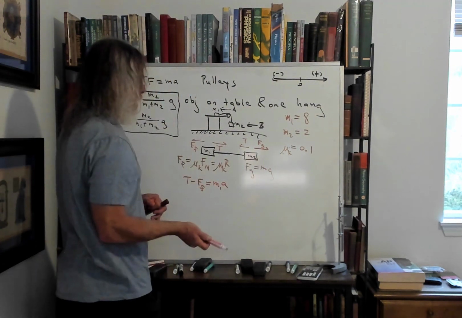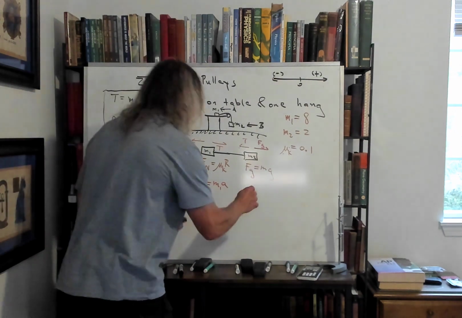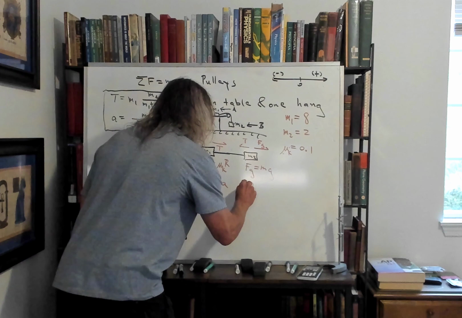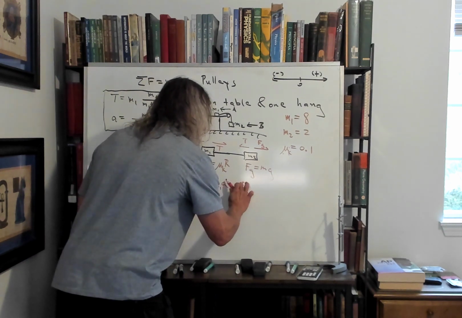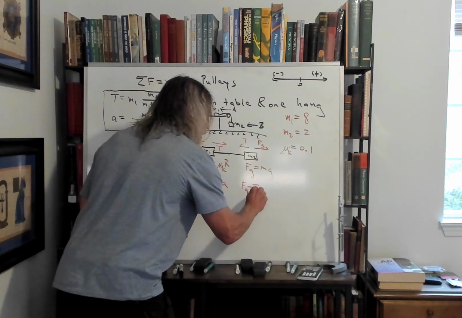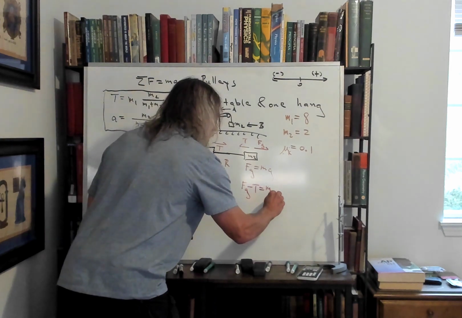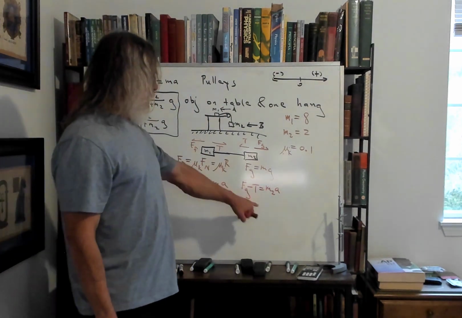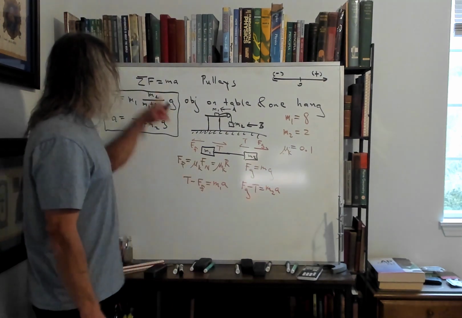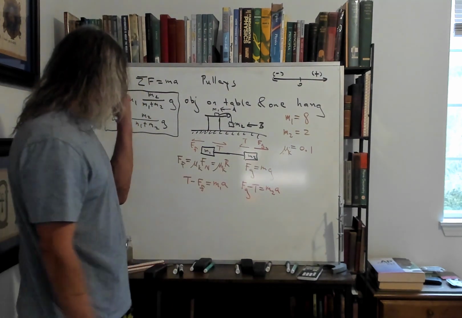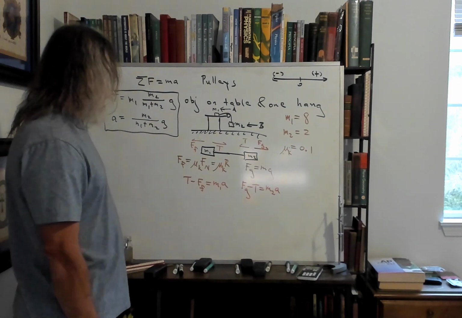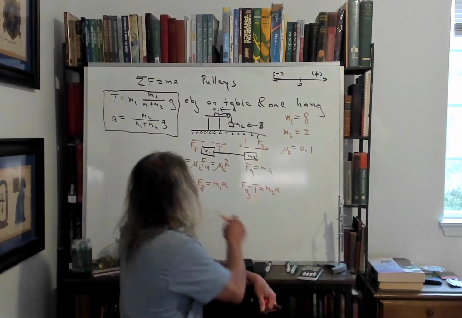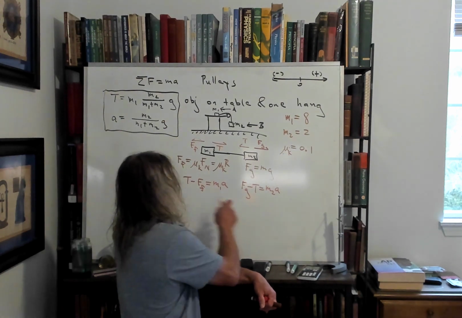Here, we got the weight, force of gravity, minus tension is M sub 2 times acceleration. Net force is MA. Net force is MA, right there. Then, if we do the thing before, we can put the two equations together, rewrite this, switch these out.